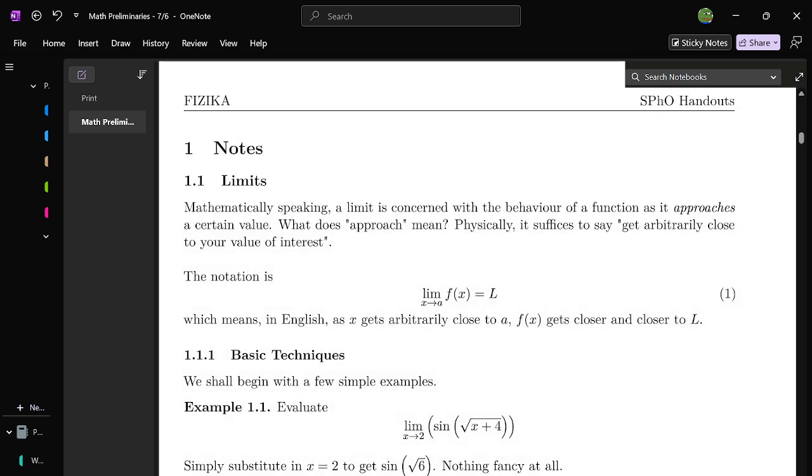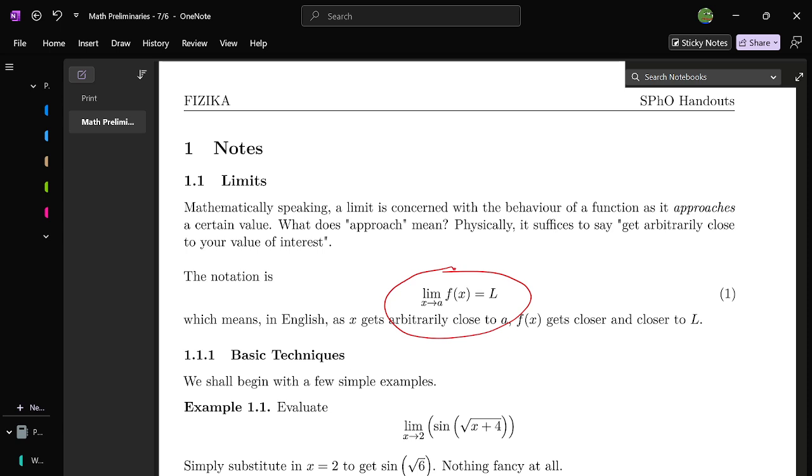Intuitively, if you have a limit of some function as some variable approaches another value, you can write it mathematically as this, which means you're concerned with the behavior of f(x) as x approaches a.